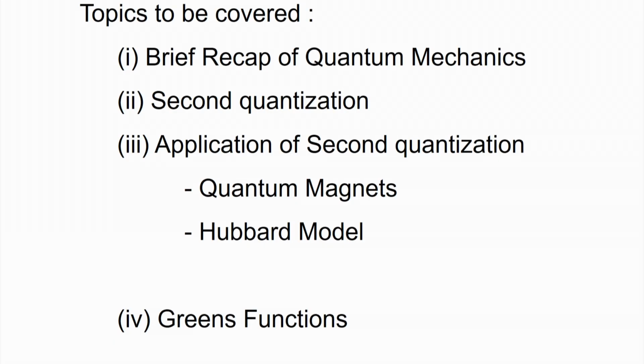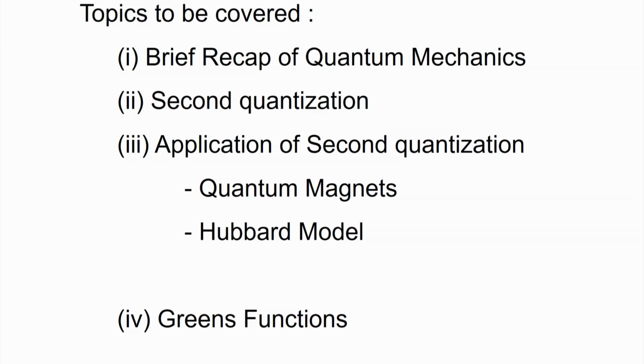And then we will talk about second quantization. This is in contrast to the first quantization which we see in quantum mechanics, and this second quantization actually is the foundation of doing a quantum many body theory that we are going to show.